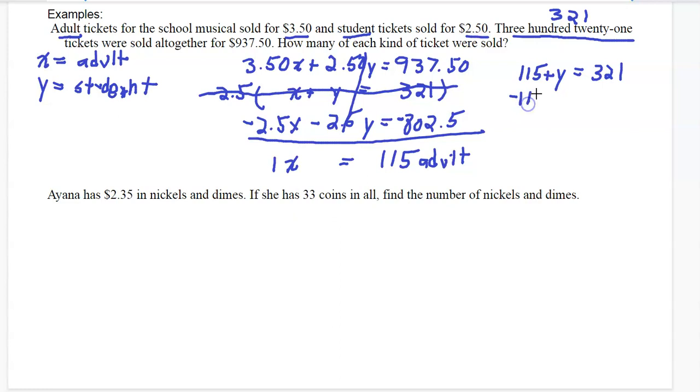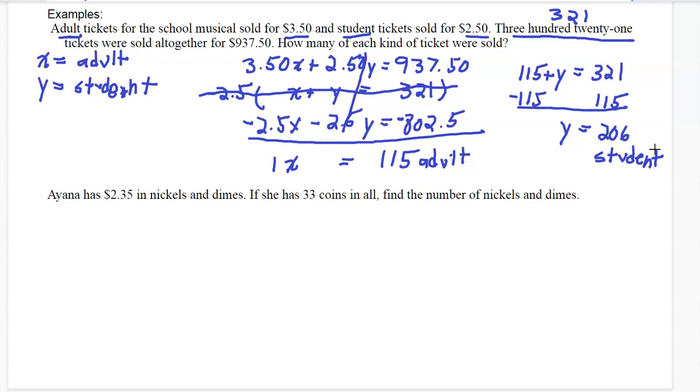Subtracting 115 from both sides, that gives me y equals 206 student tickets. Okay, I feel pretty good about that one. I don't have any fractions, I don't have any decimals, so that looks really good.